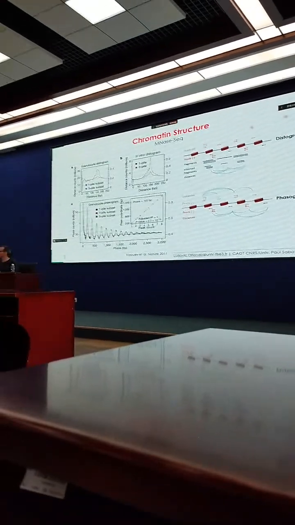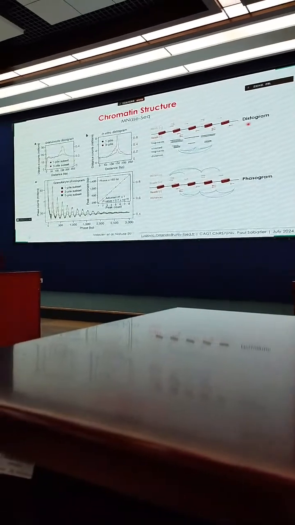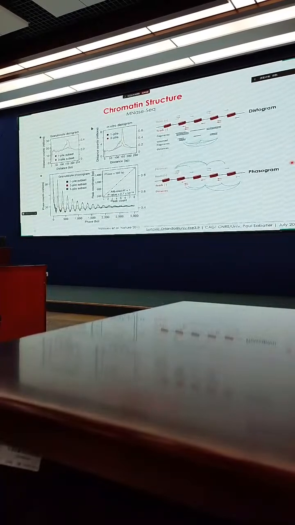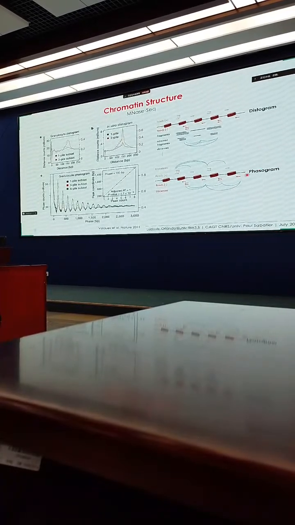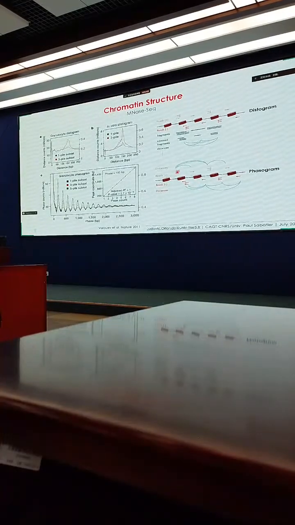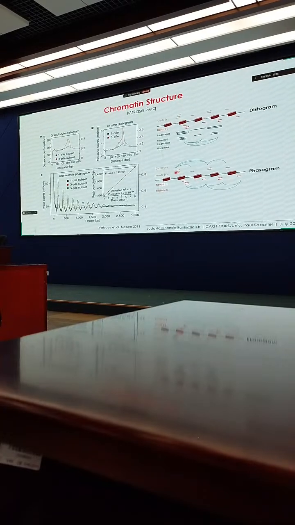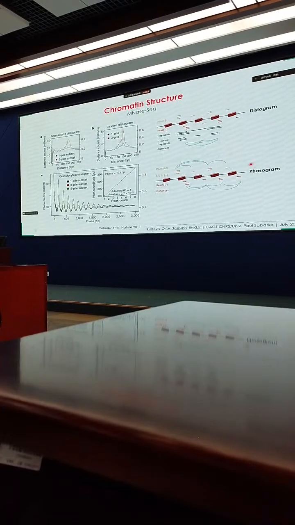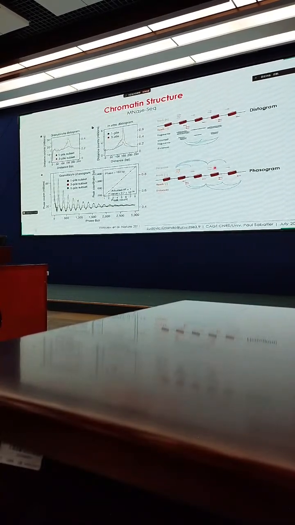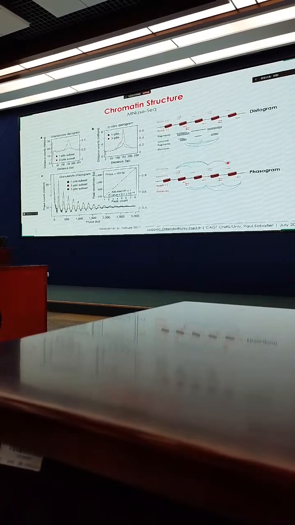So we call these sorts of graphs a histogram because it's a graph of the distance, okay? We could also do a phasogram, and I'm going to talk to you about this again this afternoon, which is slightly the same information but not calculated the same way. What you do here is not the distance between the mate pairs, but between reads that are aligned in the same orientation. So you calculate the distance between that one and the next one, that one and the next one, for all the combinations in any window of the gene, okay?